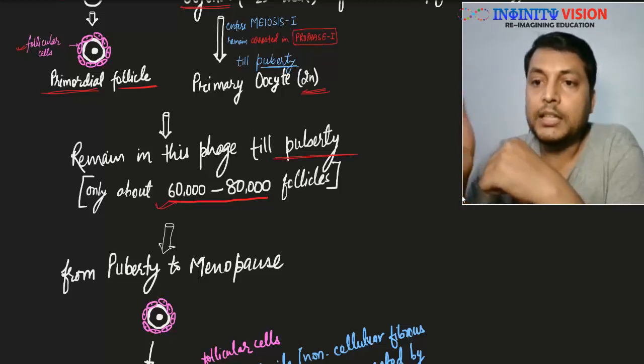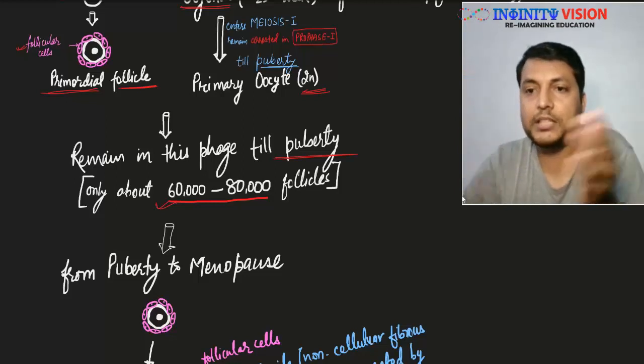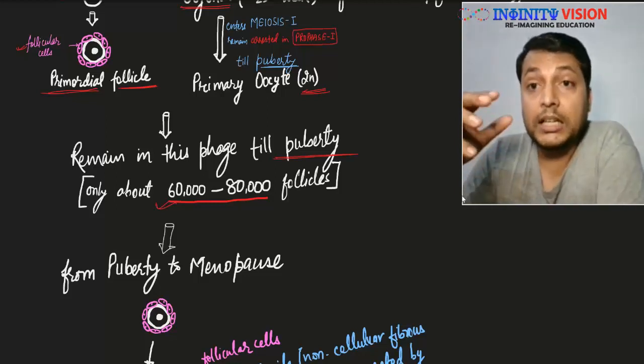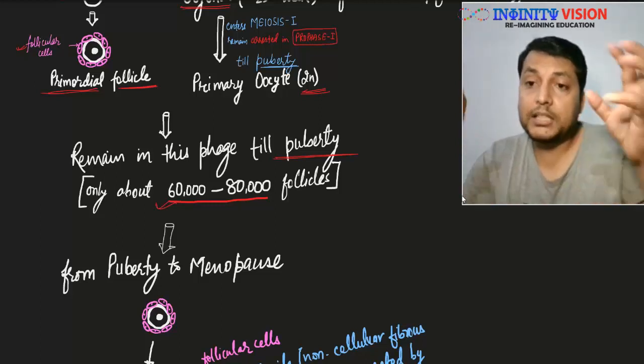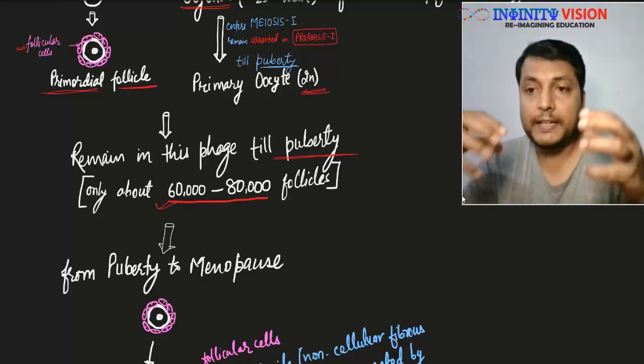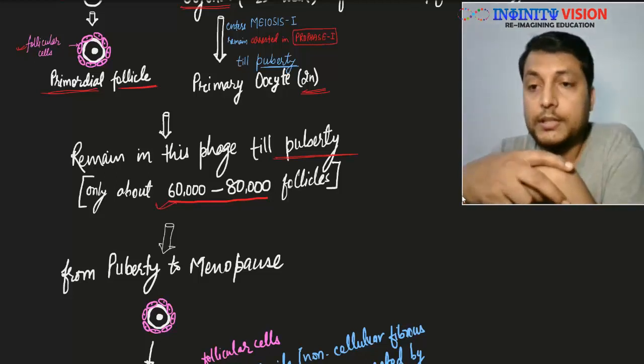Then the next month again the right, then left, and this goes on. It seldom happens that both ovaries will start to develop a follicle at the same time, or in the same month.